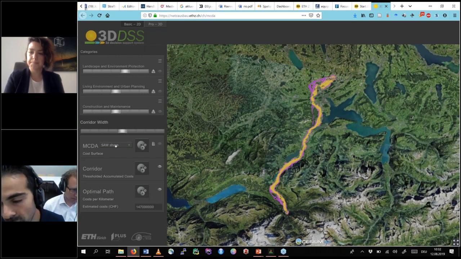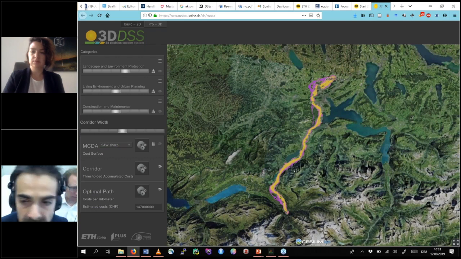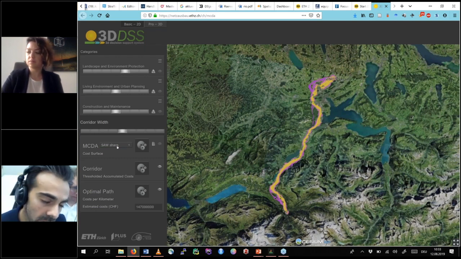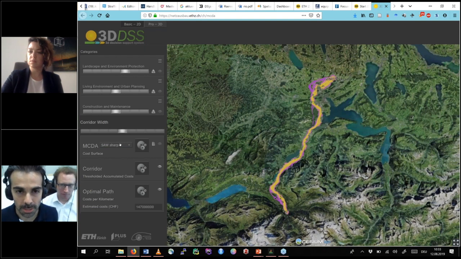So this is very simple, very easy. You could also change to 3D mode. But in the end, what is important is to define together with the stakeholders a mathematical formula which you want to apply, because we now applied sharp edges.